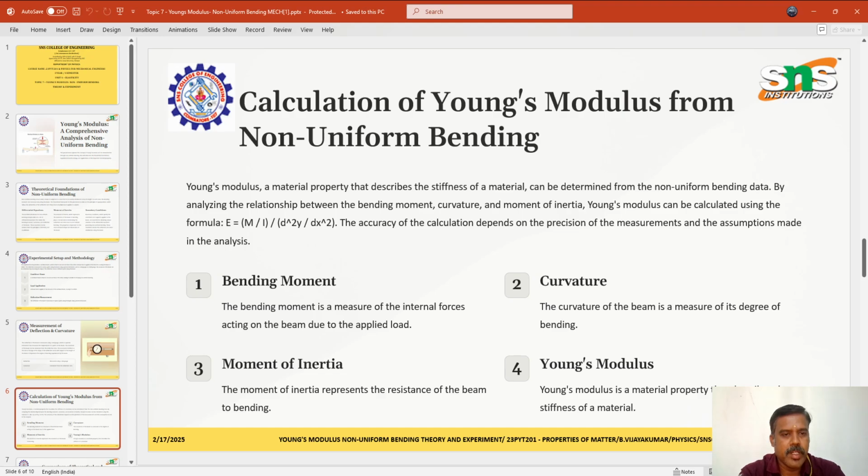The bending moment is the internal force acting on the beam due to the applied load. Curvature of the beam is a measure of the degree of bending. Moment of inertia represents the resistance of the beam to bending. Young's modulus is a material property that describes the stiffness of the material.